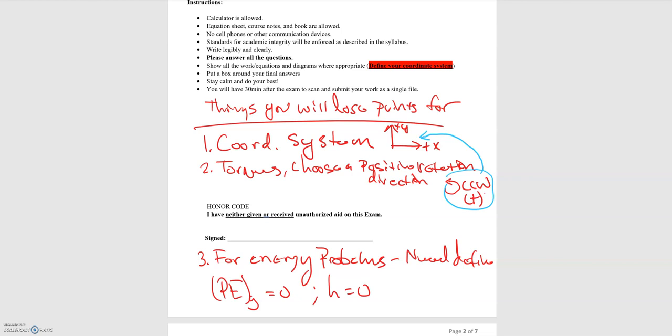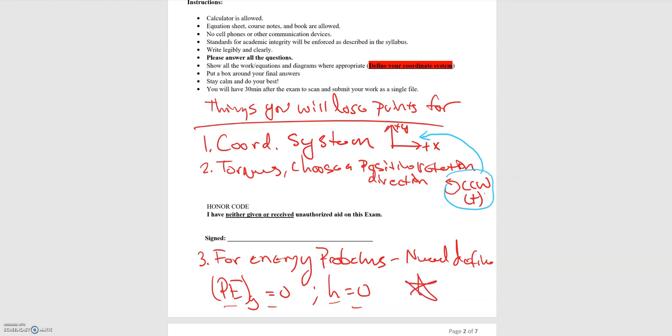You can label that line either as gravitational potential energy 0, like I have here at the start, or you can have it as the H equals 0 line, and I'll know what you're talking about. But that needs to be included anytime you're dealing with gravitational potential energy. You need to show me where your 0 point is, because that value is based off of this 0 point.